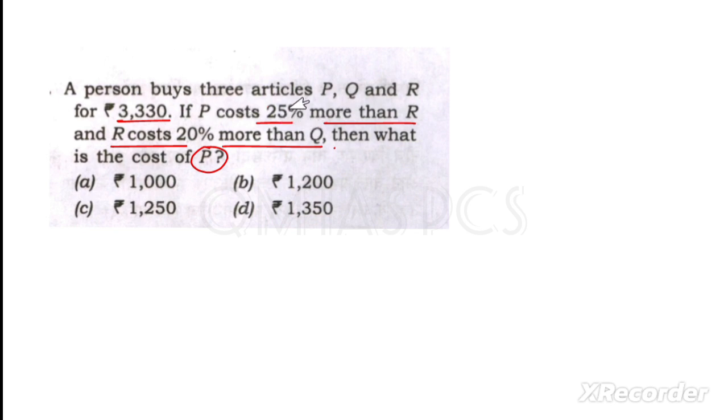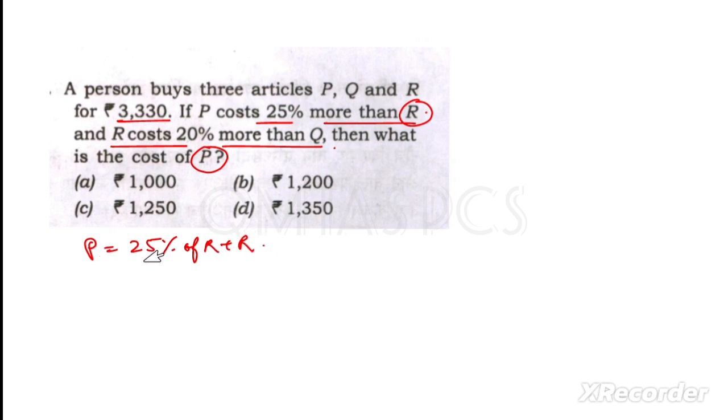I'm considering R. P costs 25% more than R, so we can write P is equal to 25% more than R. So 25% of R plus R, this is the value of P.